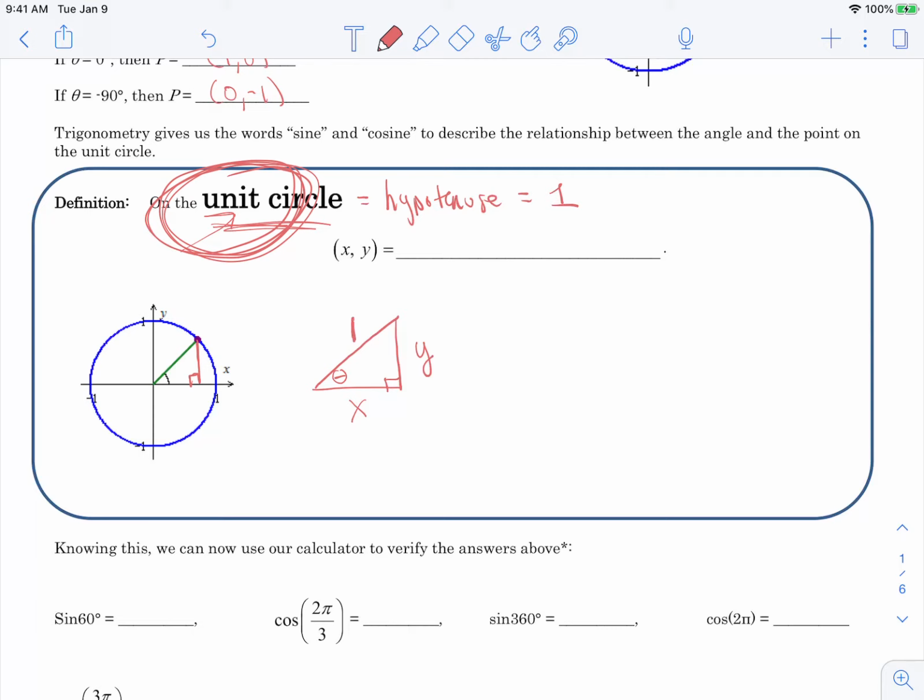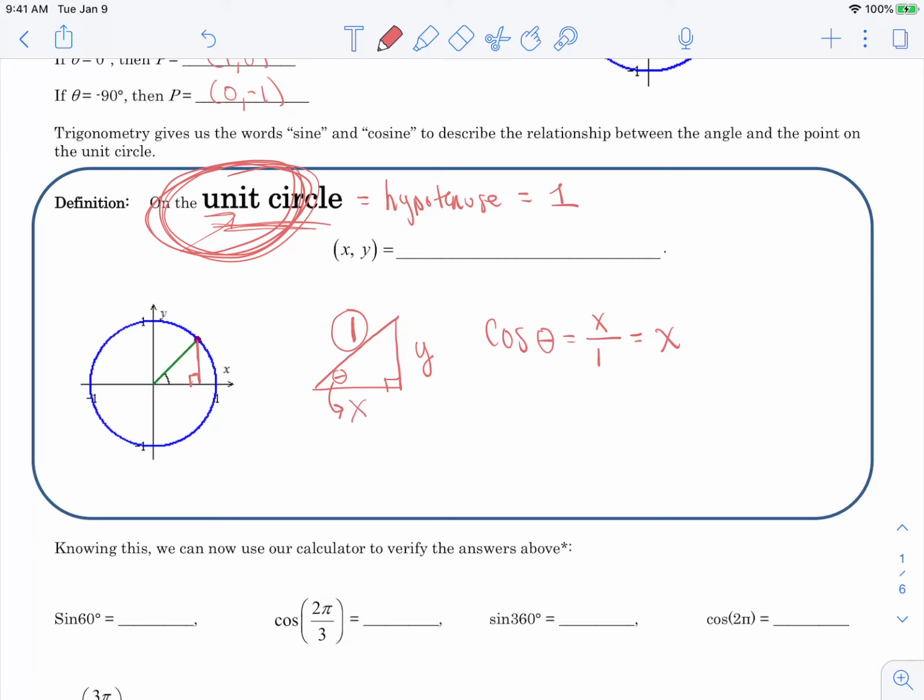So if you're standing at theta, to bring in some chapter 7 material, and say I want to find x, well, isn't x adjacent to theta? And I'm given the hypotenuse. Ask yourself which definition deals with adjacent and hypotenuse. That would be cosine theta equals adjacent over hypotenuse. Well, what is anything divided by 1? It's just itself.